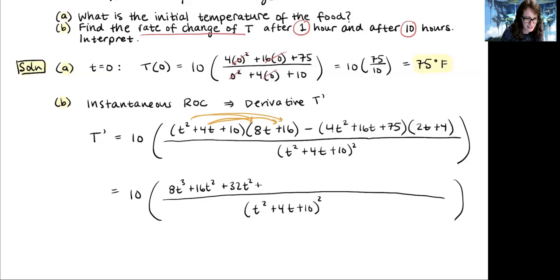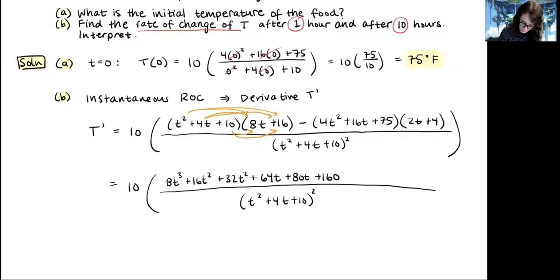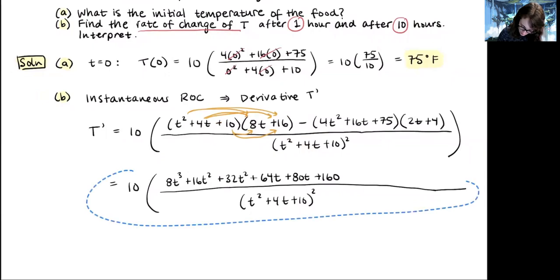What is that? 64? 64t, yeah. Then we will distribute the 10 into the 8 and the 16. So it'll be plus 80t plus 160. I think I'm going to need a bigger fraction here. So let's move this over a tiny bit.